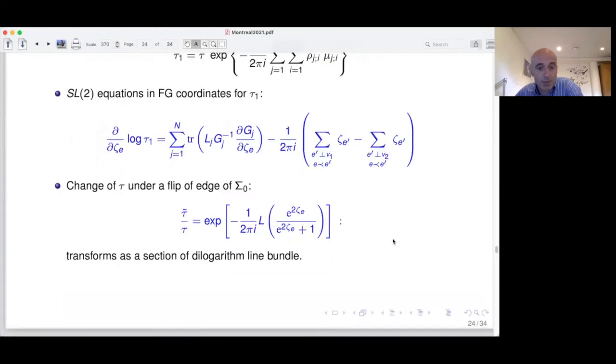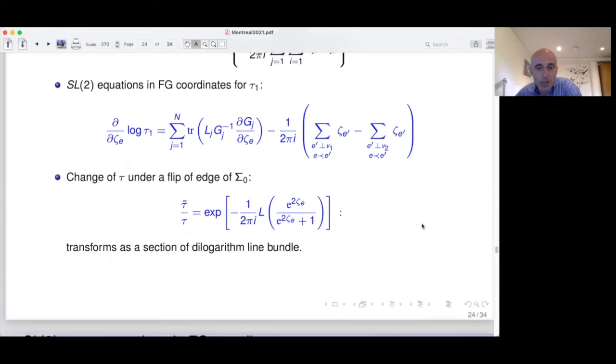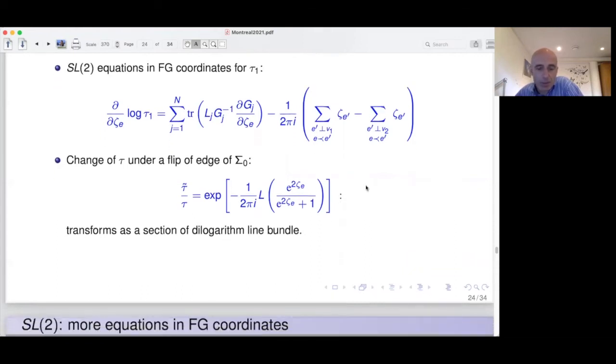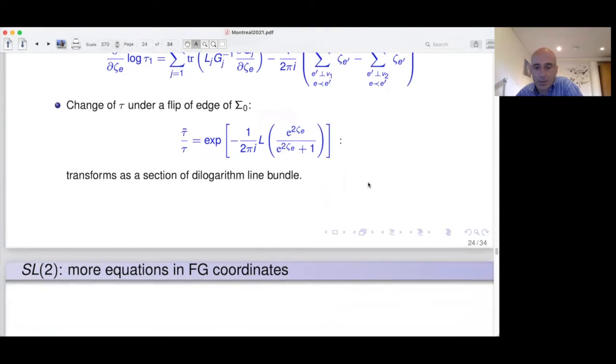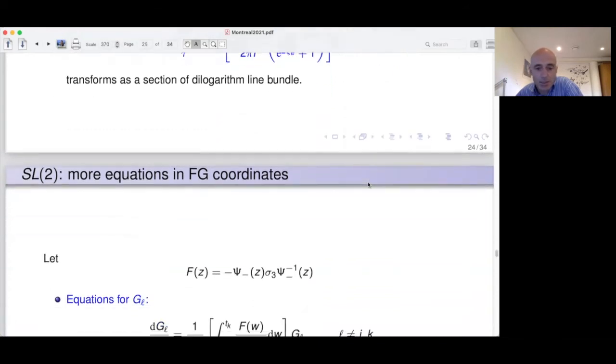And if you flip the edge of the triangulation, the tau function transforms in this easy way. So you may try to interpret it as a section of the logarithm line bundle, which is not as direct as we would like, because the 5-term cocycle condition depends on the choice of branches. In the real case it's easy; in the complex case there is quite some pain there.